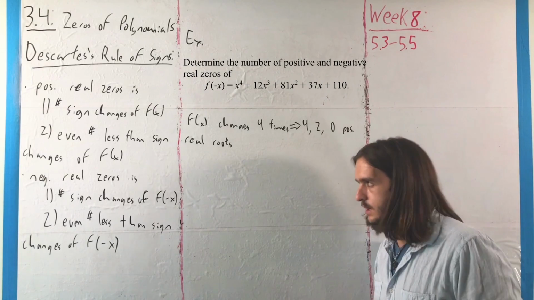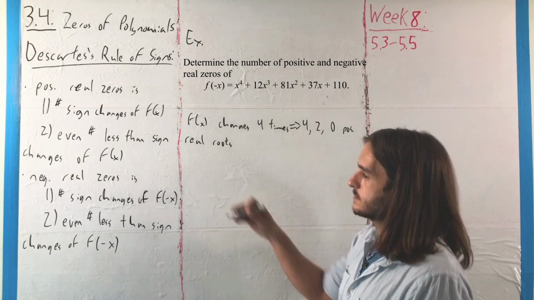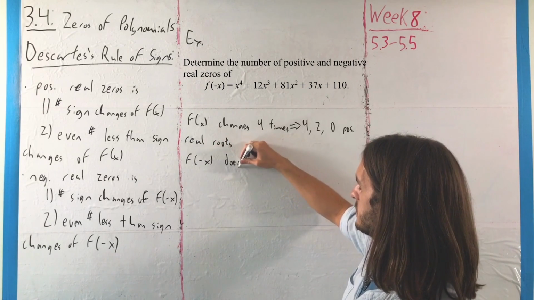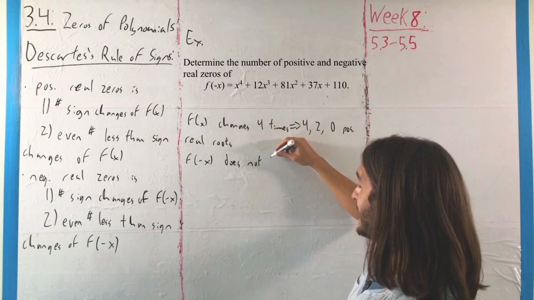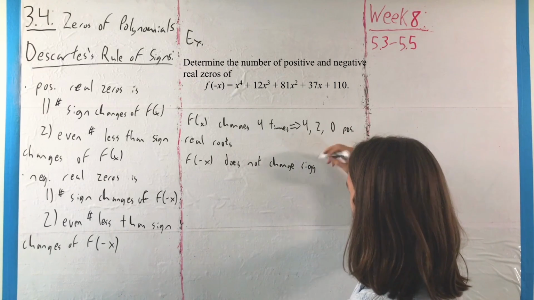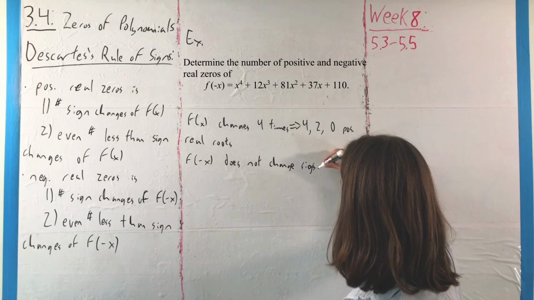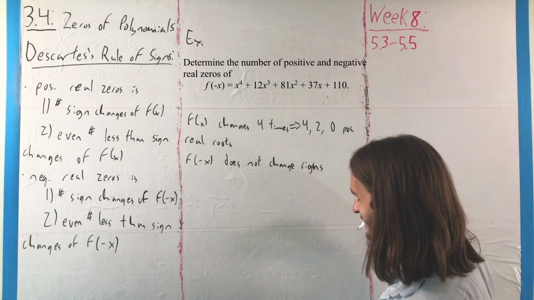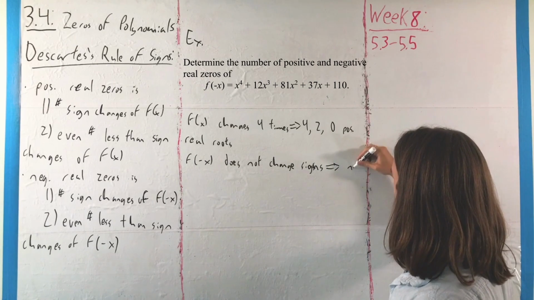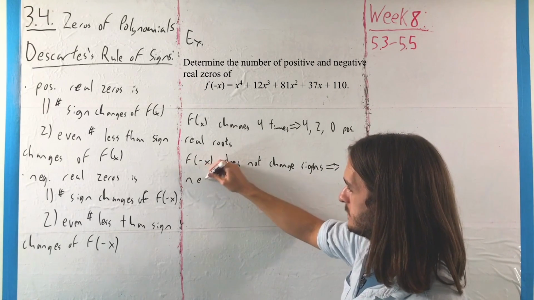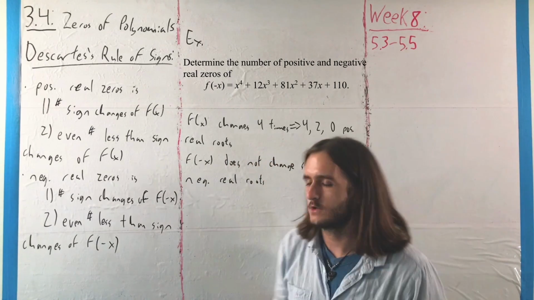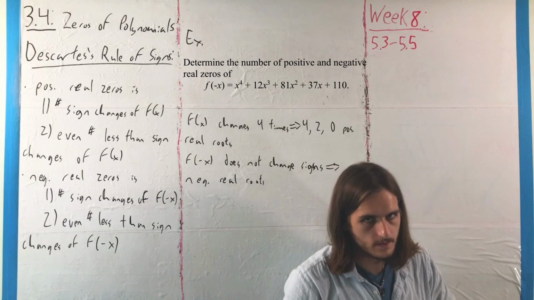So we have no real roots. That is because f of negative x does not change signs. We have no negative real roots.